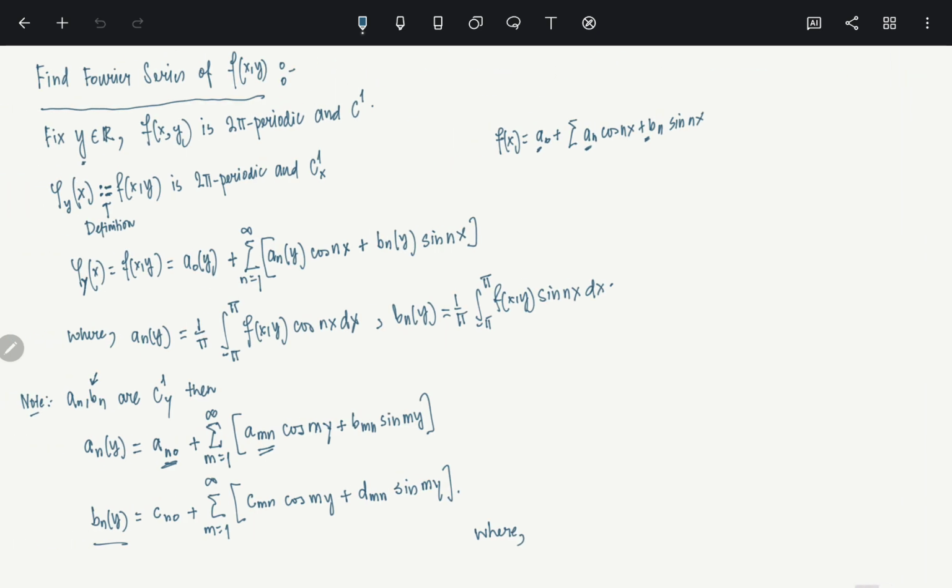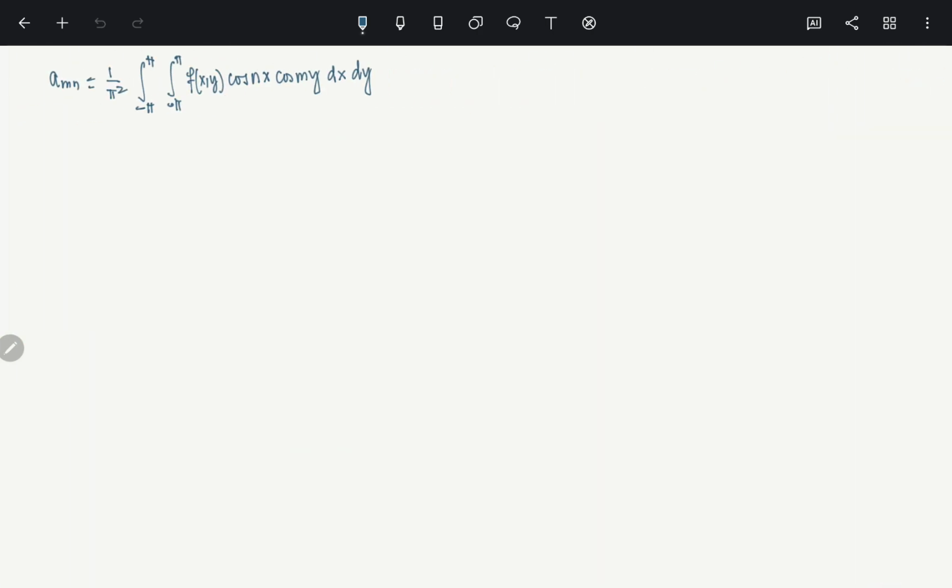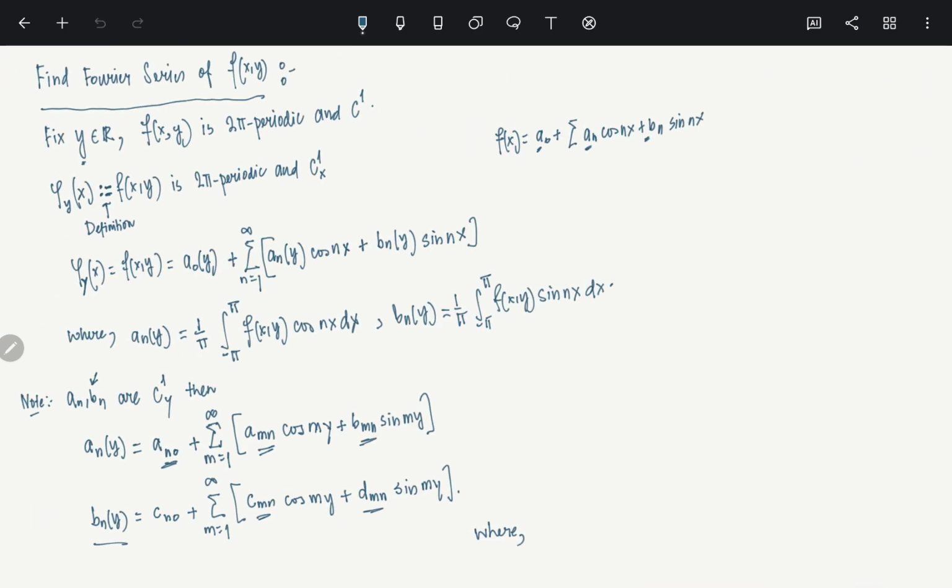So these are the coefficients Amn, Bmn, Dmn, Cmn. These are the coefficients which I am writing here. What about Bmn? Bmn is 1 by pi square, integral minus pi to pi, minus pi to pi, f of xy. Let us check.